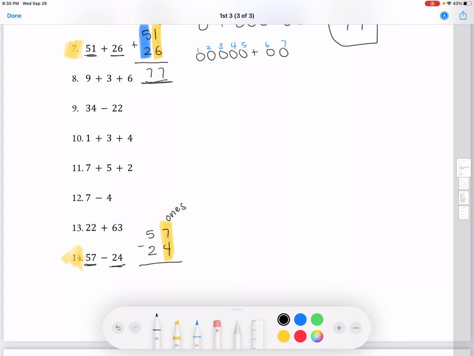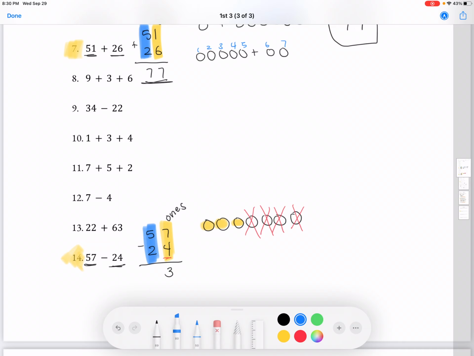The ones place for this is 7, and since we're taking away 4, we count 1, 2, 3, 4. In total, we have 3 left. So we'll have 3 for the ones place.